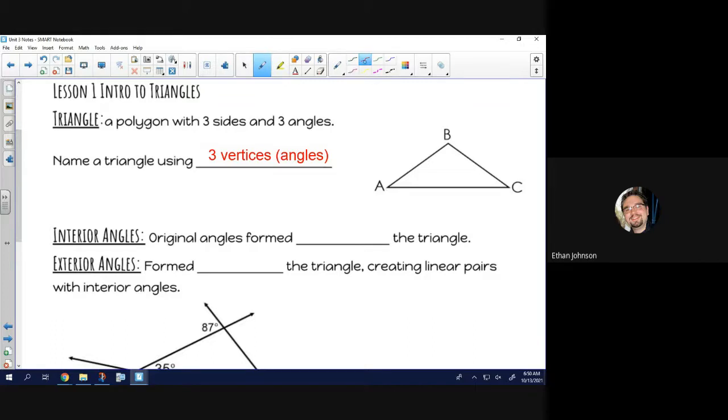For example, the triangle off to the side has 3 angles of A, B, and C. So we would have a picture of a triangle, just like how we did for an angle, in those points, A, B, C. If you don't have that triangle in front of it, we do not know what we're talking about. So make sure you have that in front if you're talking about a triangle.